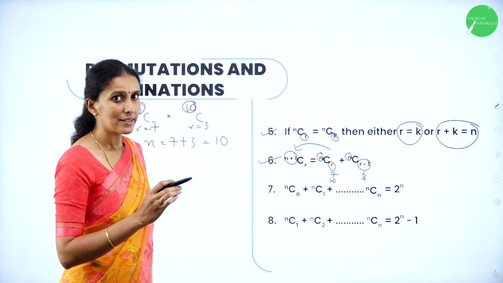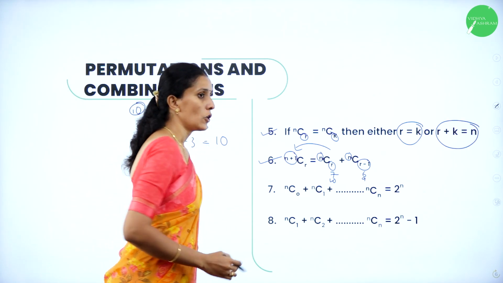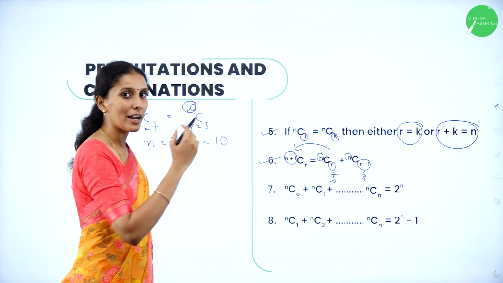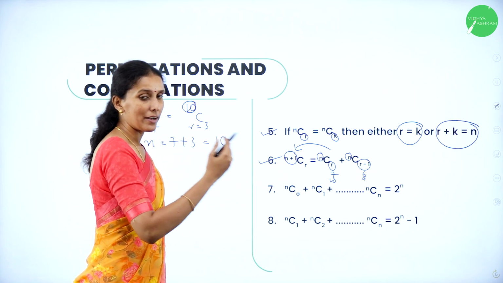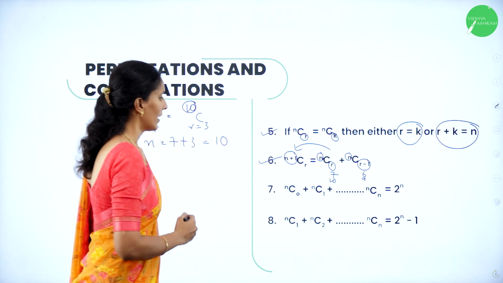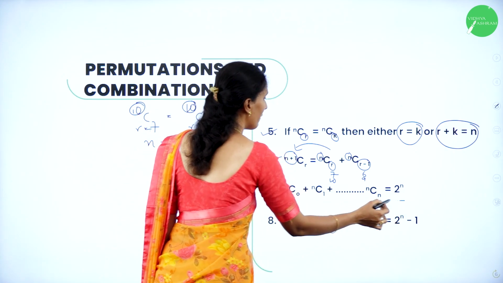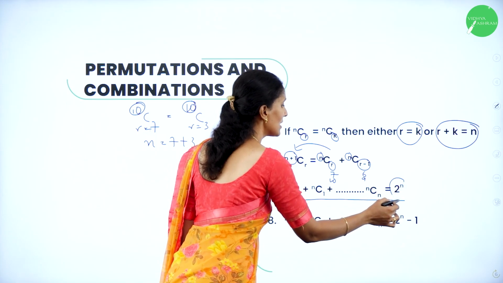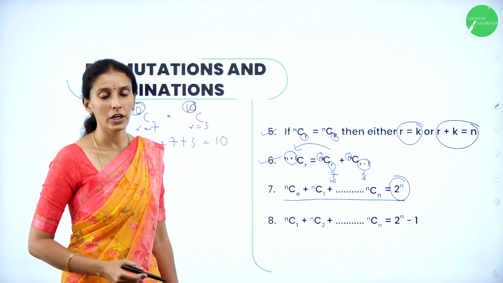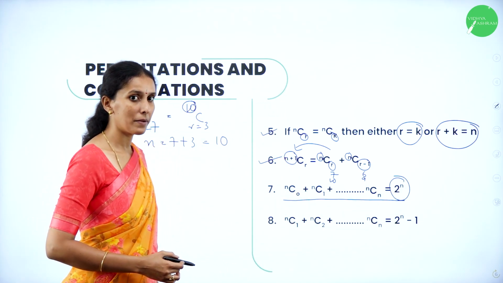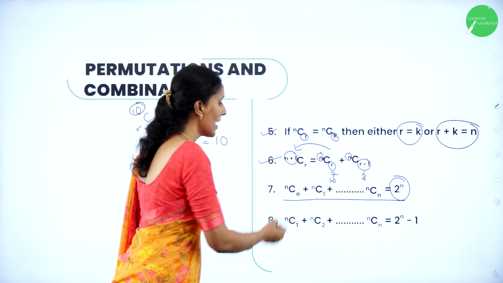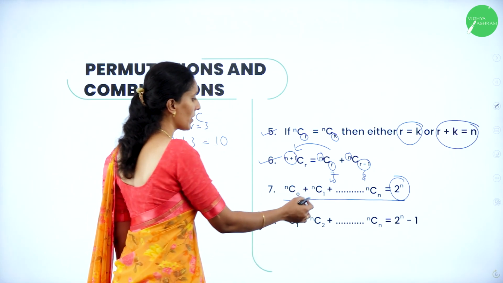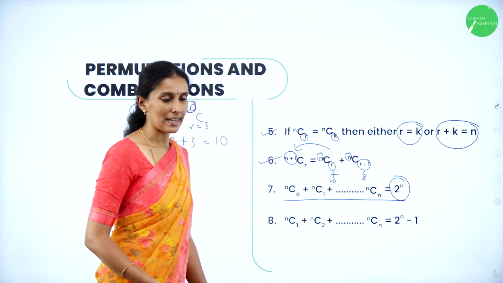So the property is one of equality. You should remember it from left hand side to right hand side, and from right hand side to left hand side also. Next, 2 power n can be expressed as a series of combinations. The power of 2 can be expressed in terms of combinations as nC0 plus nC1 up to nCn.